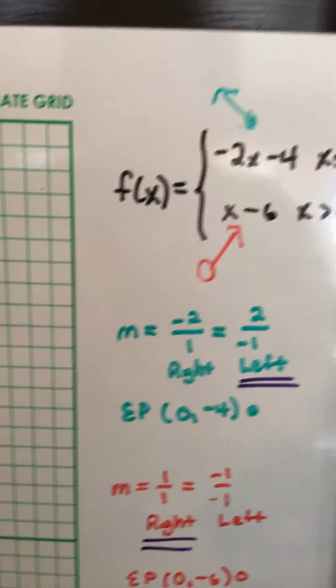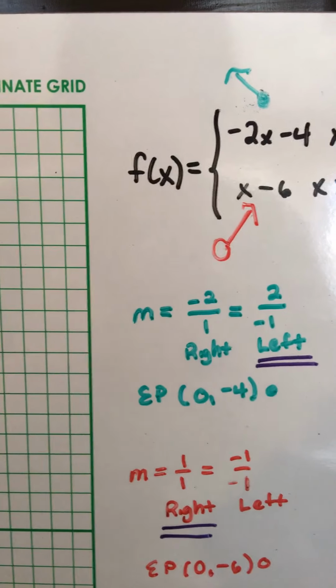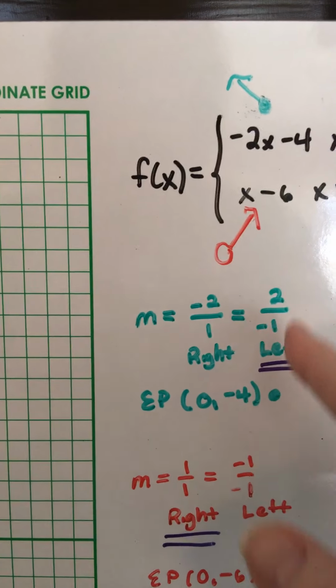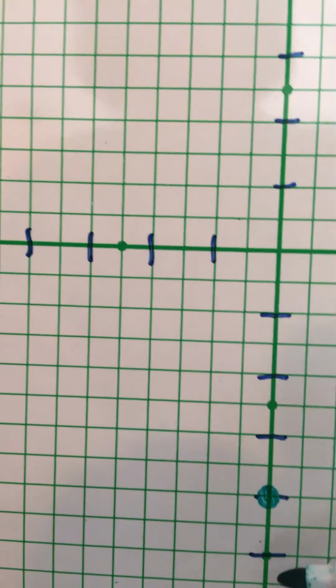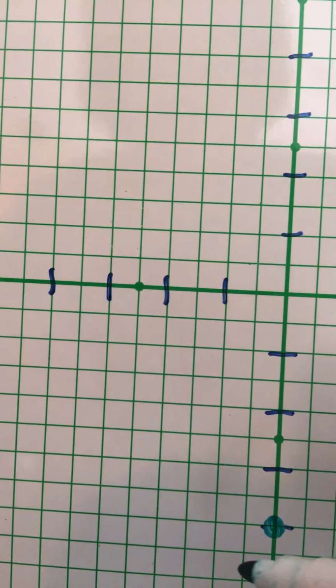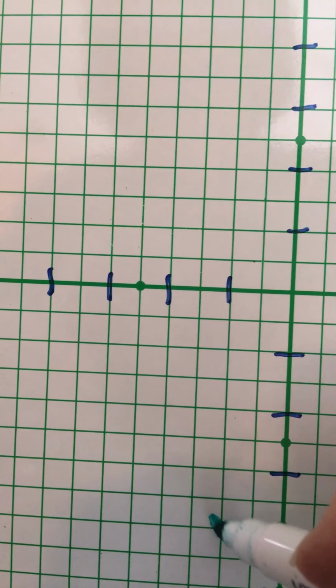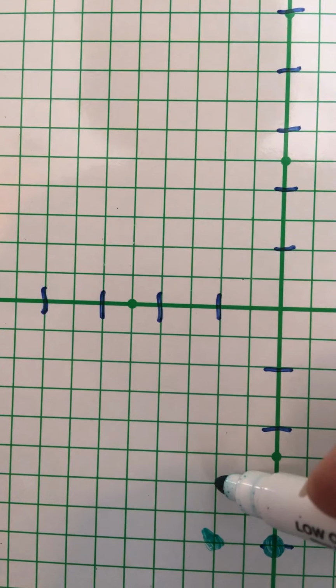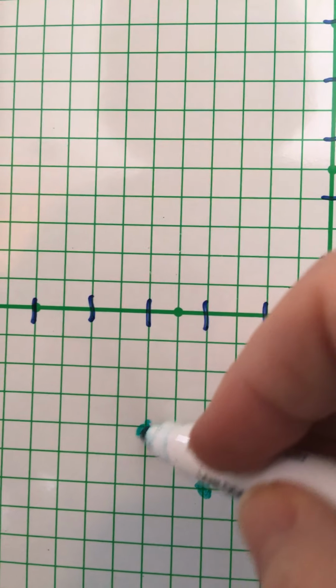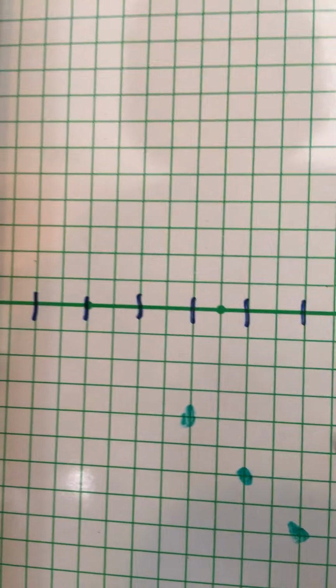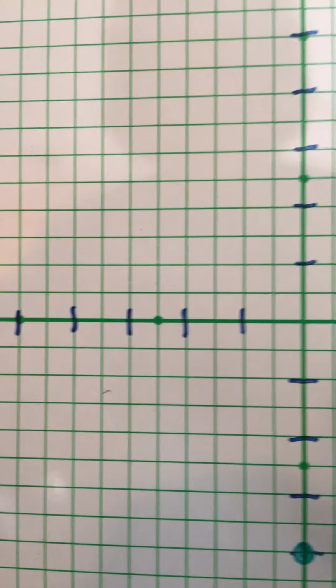So what we're going to do from our endpoint, 0, negative 4, is go up 2, left 1, up 2, left 1 until we're done. So here is my graph. I'm going to go up 2, and I'm going to go left 1. Sorry, try that again.